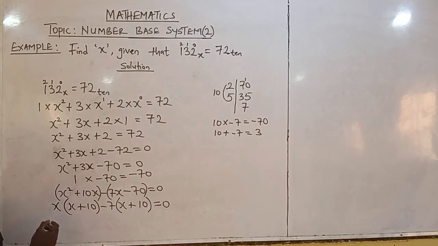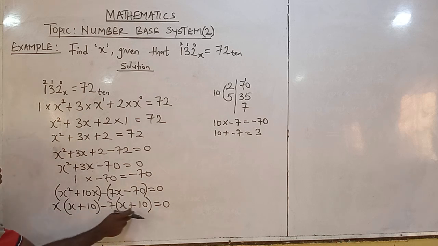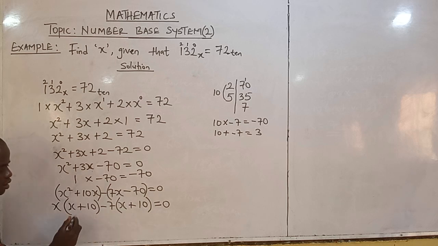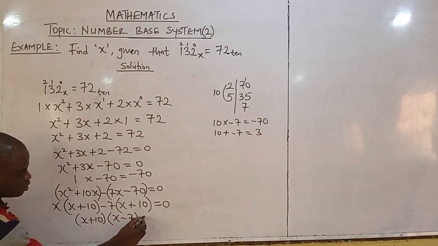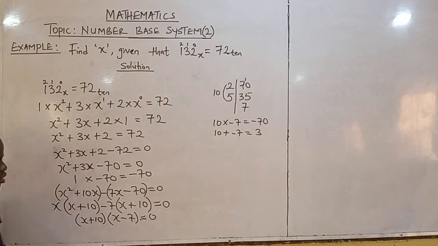Always take note that if you're having positive here, positive and negative will still give you negative. Please always take note of that aspect. Now since what's in the bracket is the same, it means that you are right. Pick one of them. x plus 10 bracket, the one outside, x minus 7 equal to 0.